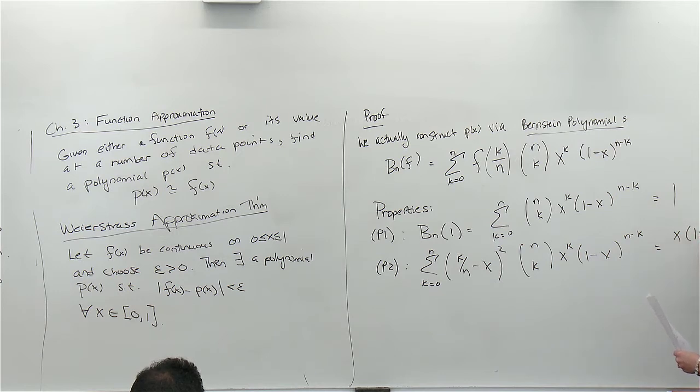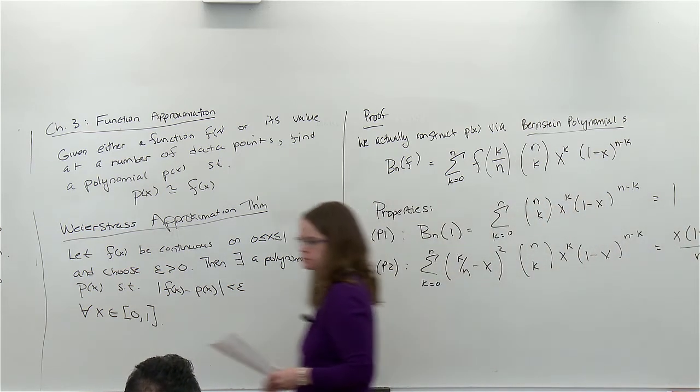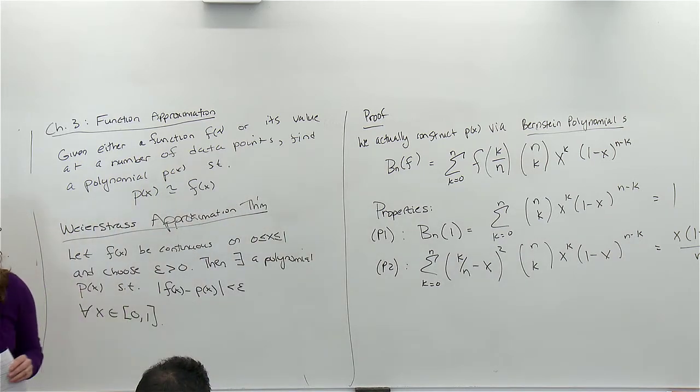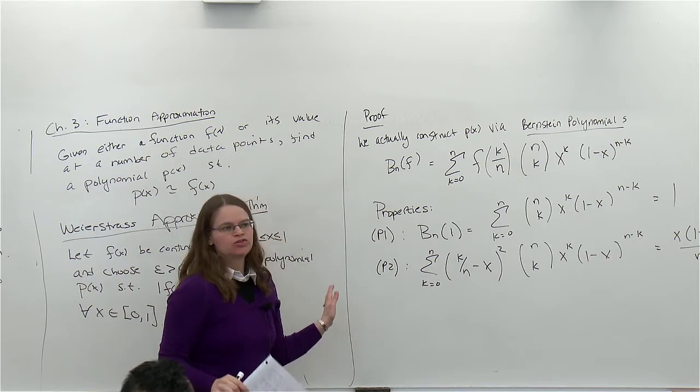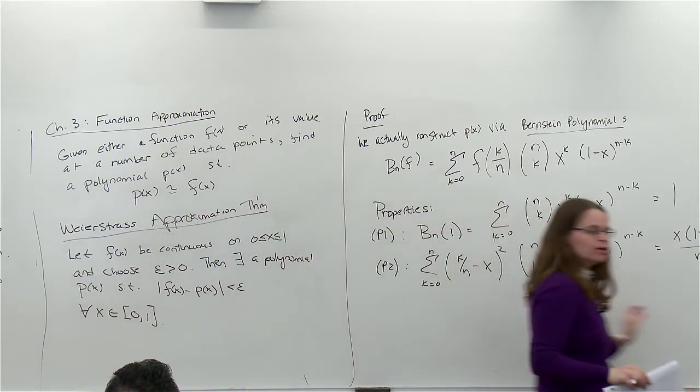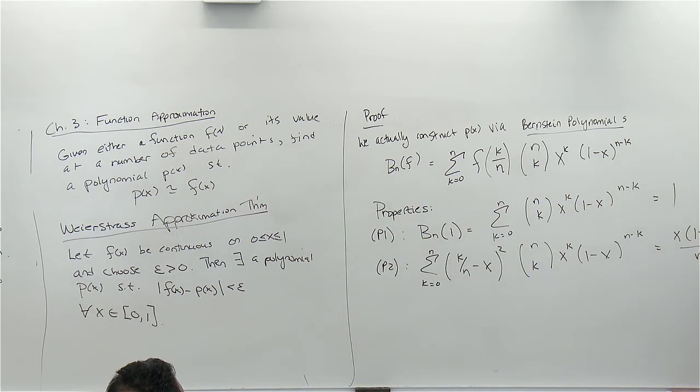And this is x times (1 minus x) divided by n. Again, it's not too hard to prove. I'm going to ask you to believe me for now, but you can go and check later. You don't just have to believe things that I tell you without proof indefinitely.